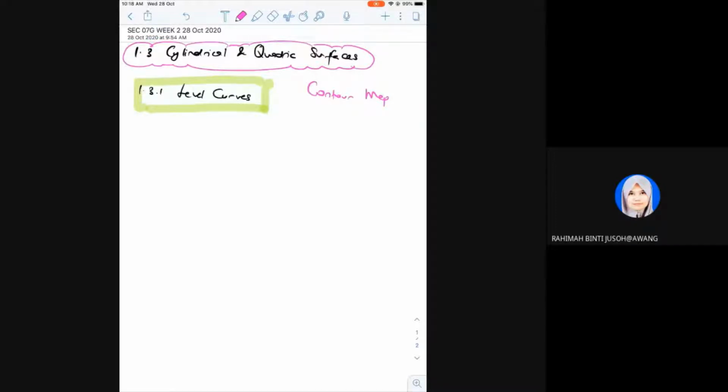So basically level curves is similar to contour map. Do you remember your geography teacher drawing the mountain range? It looks like this. This is the highland, the mountain range. You still remember? So it's similar to the level curves. So we're going to discuss about this.